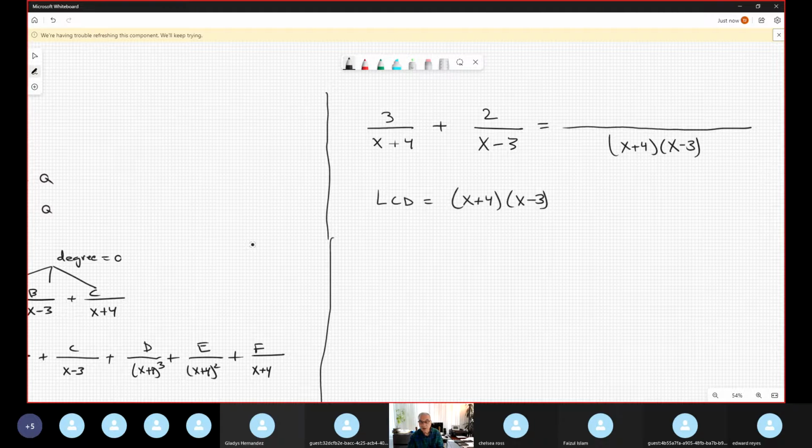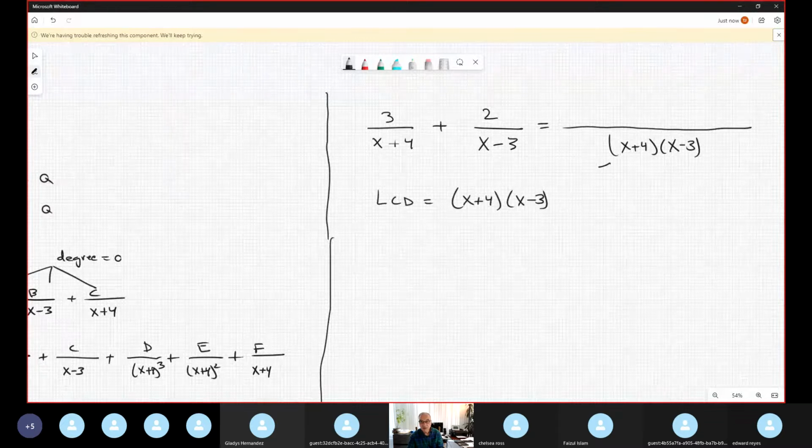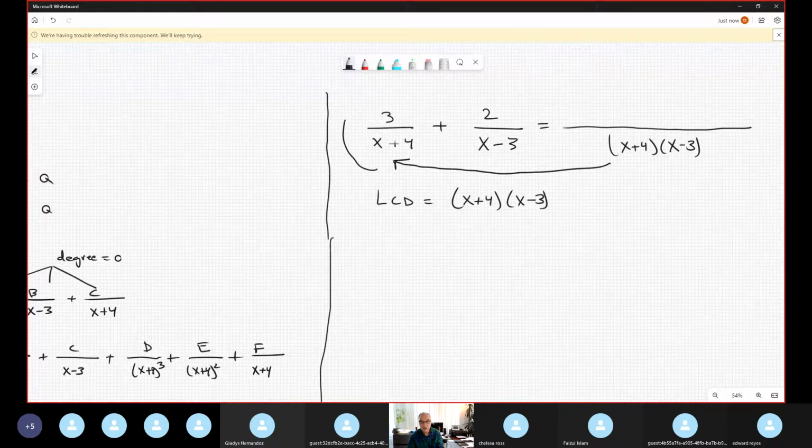And now I'm going to find the top part. You divide mentally, the LCD divided by this denominator, and multiply by this numerator. You know that perfectly. It's elementary algebra. Okay, let me erase this arrow because you know very well this action. So you divide mentally, LCD divided by the first denominator.